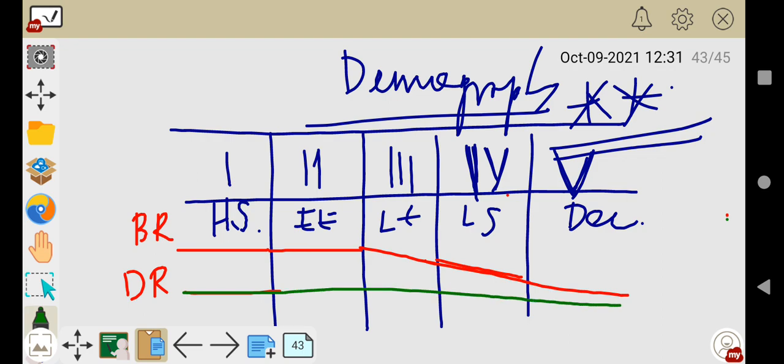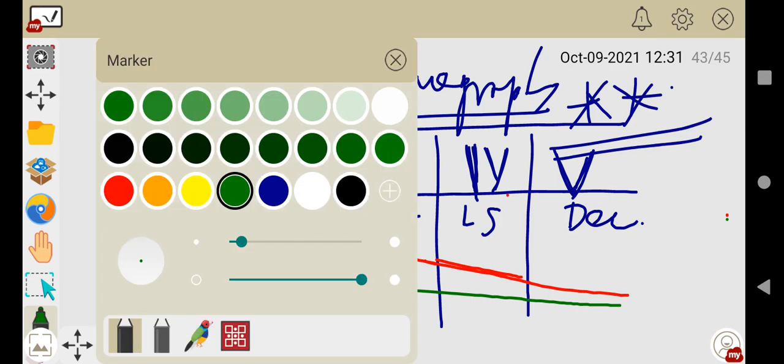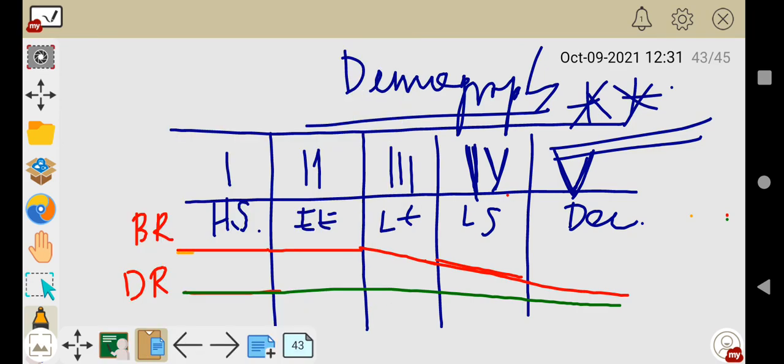Let me take this one. Yeah. So first is high stationary. So in this you are seeing that birth rate is high, death rate is also high. This is high stationary, birth rate high, death rate high, right? So overall things are going in a stationary way, both are high, right?